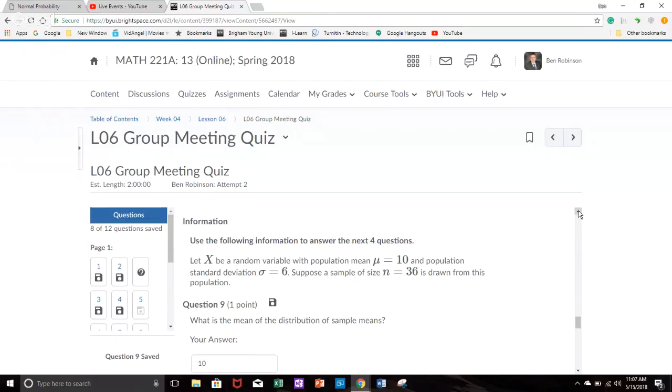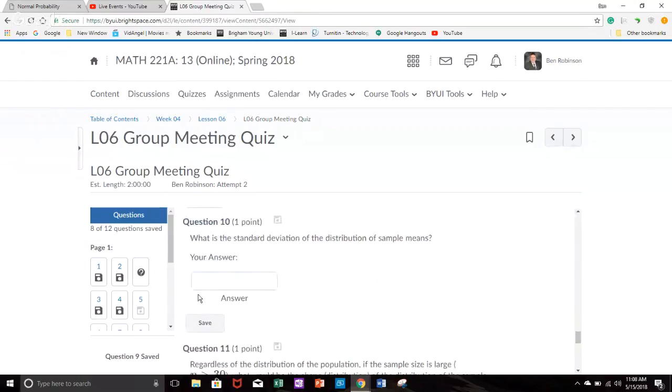Sigma divided by the square root of the sample size. So 6 over the square root of 36 is 1. Right. Everybody agree? I agree. Yep.